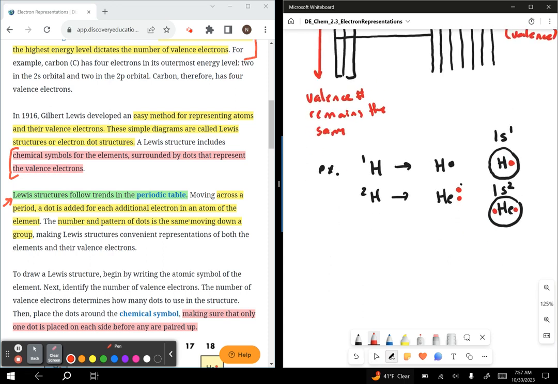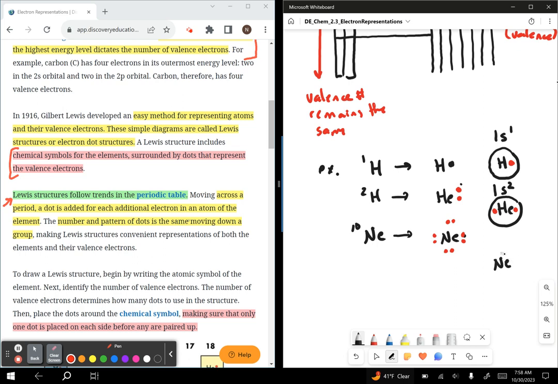Okay, if I were to go all the way to the other end to the 8A group, then it would look something like perhaps this. I'm just going to take neon, and if you look on the periodic table, it's the 8A group, and neon has actually 10 of these electrons. So I'd write neon. It has a full valence, and I go 1, 2, 3, 4. Then you can start to do the backfilling, 5, 6, 7, and 8. And if you draw that out, it would look something like this.